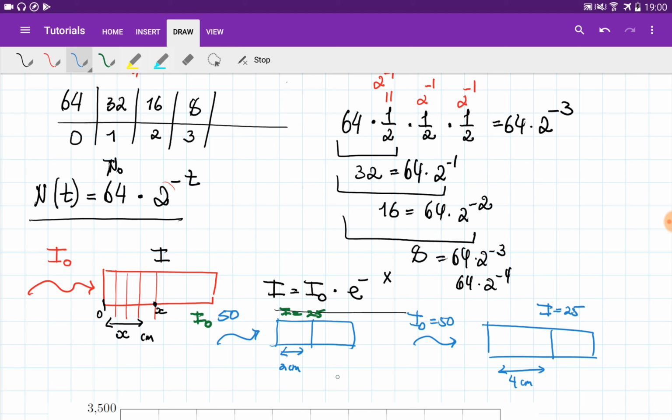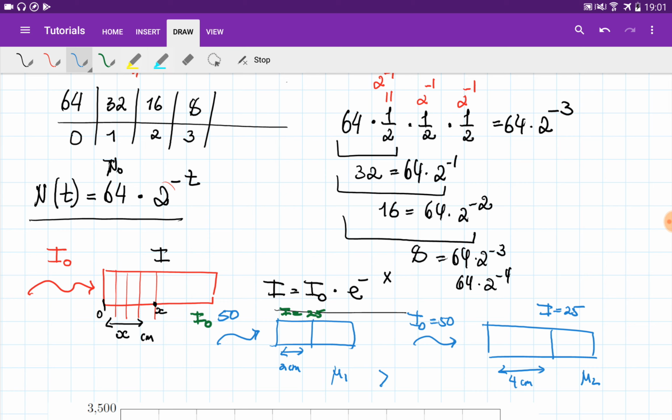So let's assume that mu1 is some material parameter for the first material, and mu2 is some material parameter for the second one. Depending on the material, the absorption might be faster or slower. So I would say that mu1 is bigger than mu2 because the first material absorbs the beam better than the second one.